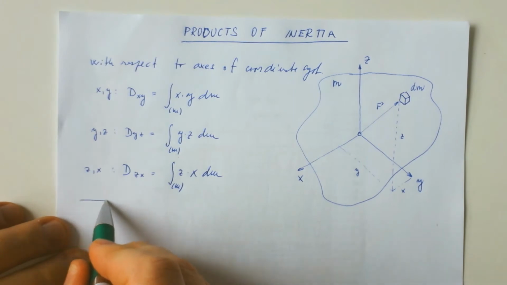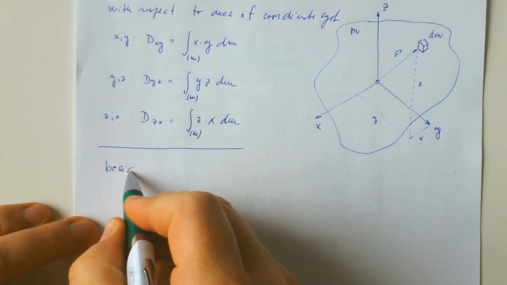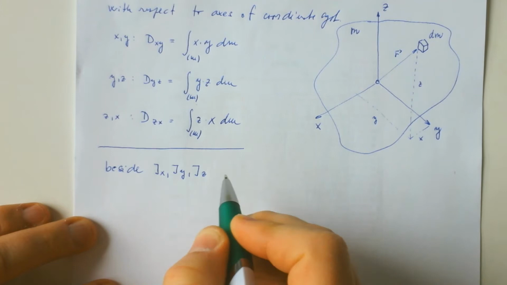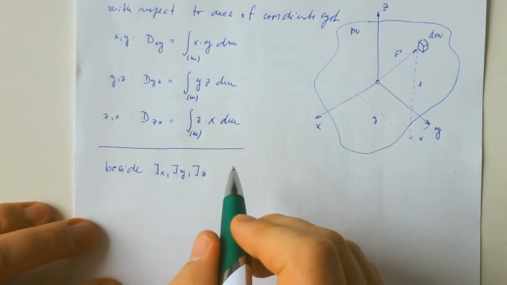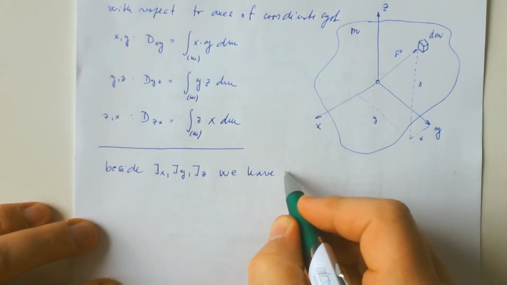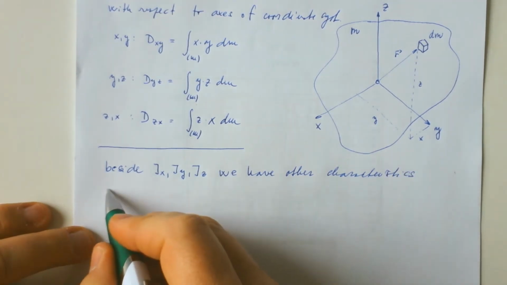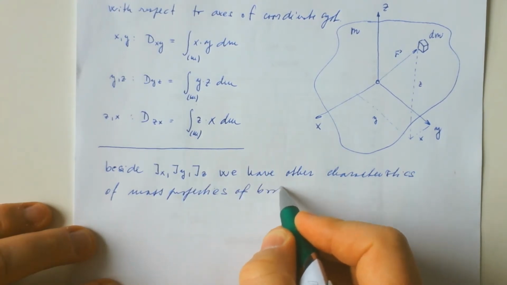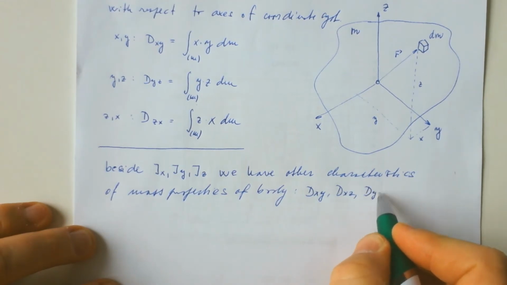So we found that beside jx, jy and jz calculated in previous video, we also have other characteristics of mass properties of body, and they are dxy, dxz, dyz.